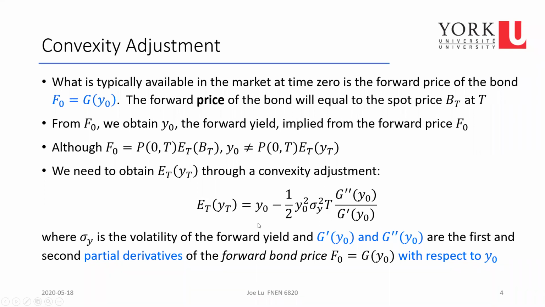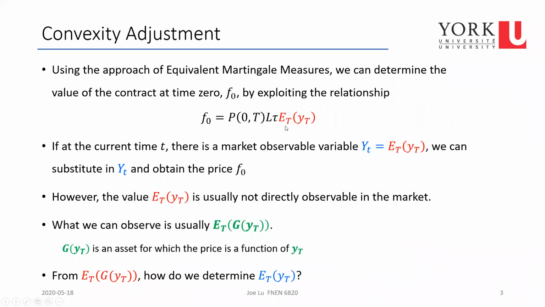Now through this adjustment, you will obtain this expected yield. And once you obtain this expected yield under this zero coupon bond as a numeraire, then you can make a direct substitution back to here. Then you will get your initial price of the derivative asset.